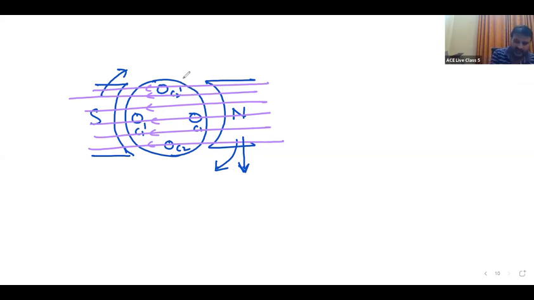Actually the conductor is not moving, the armature is stationary, but you have to assume which direction this conductor is moving. It is said to be moving upwards, it is said to be moving downwards. That is our assumption. This is moving in this direction.